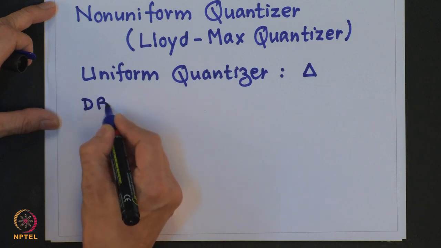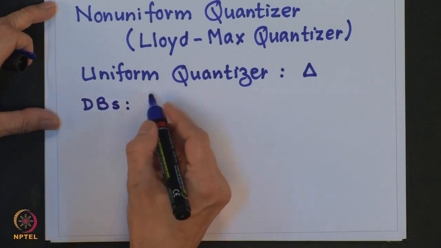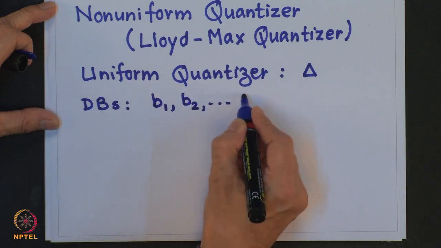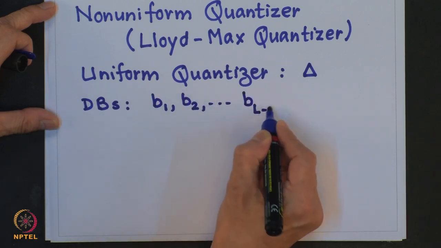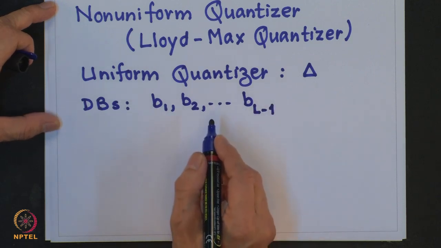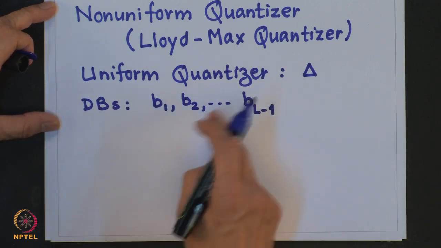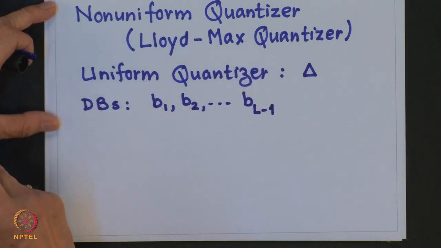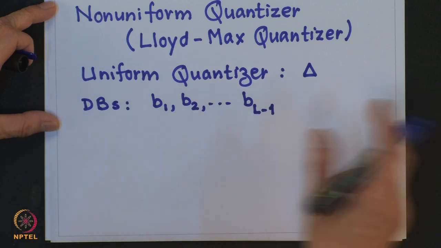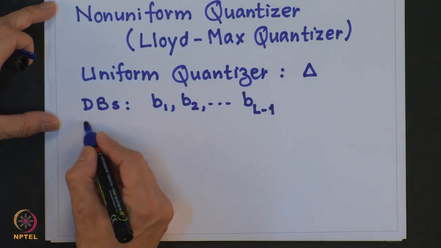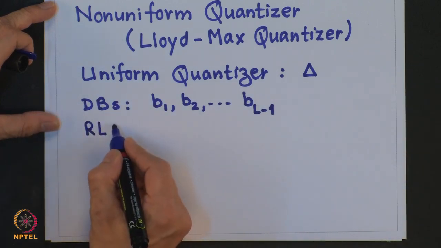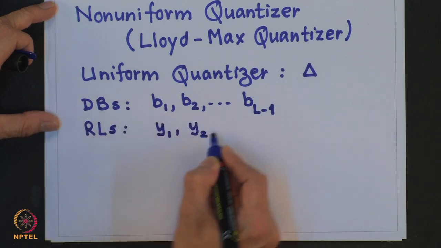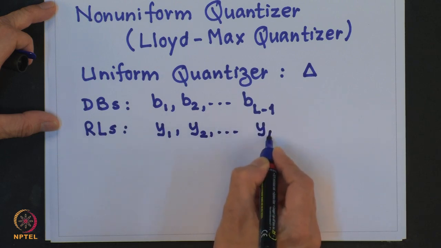Our decision boundaries, denoted dB, are B1, B2 up to BL minus 1, correct? Remember, this is for an unbounded PDF, so B0 is going to be minus infinity and BL is going to be plus infinity, and the reconstruction levels, RL, are Y1, Y2 up to YL.